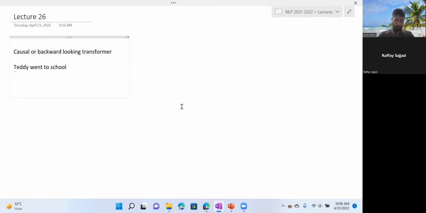So the most popular bidirectional encoder is what is known as BERT, B-E-R-T. Actually, many of the names of modern models in NLP are based on some famous children characters, BERT or Elmo and so on. BERT, by the way, stands for bidirectional encoder representation with transformers.